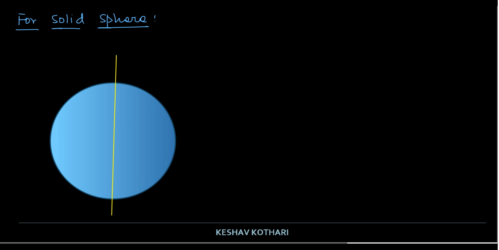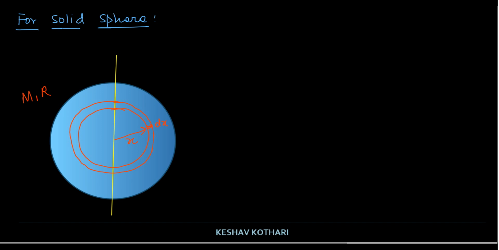So at a distance x, I am selecting a patch of thickness dx. The mass is m and radius is r.